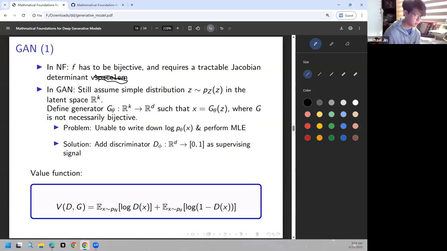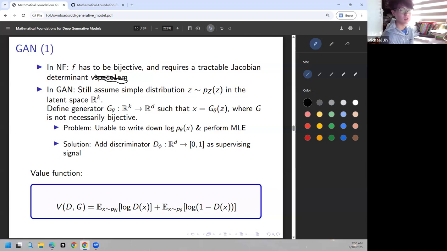So the solution is to add a discriminator as the supervising signal. Here we have the value function V of D and G. It's composed of two components, D of theta and G of phi, and is defined as the sum of two parts.